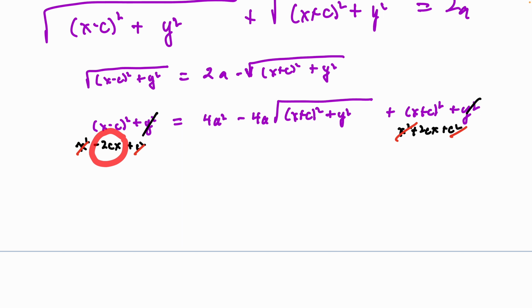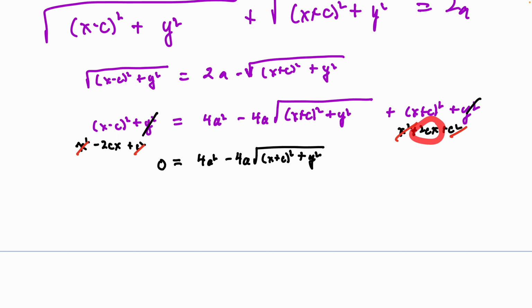We'll be left with negative 2cx, and let's go ahead and combine that with positive 2cx. And if we do that, we'll be left with a 0 on the left. Copy the first two terms on the right. And then we've added these guys together, combine them. Get that. And then you can notice that there is a 4 appearing in each term, so you can divide through both sides by 4, canceling out the 4.